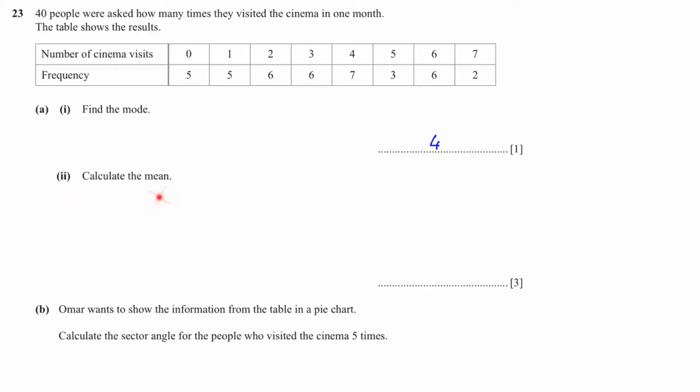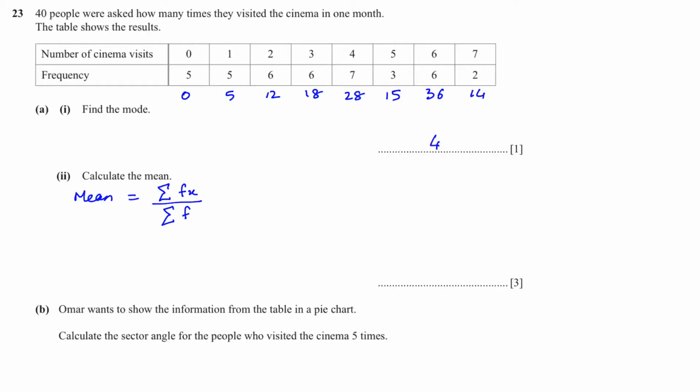Now to calculate the mean, when you have a frequency like this, you will multiply 0 by 5, 1 by 5 and 2 by 6. You will do the same for all the numbers. So 3 multiplied by 6, 4 multiplied by 7. And you will write the rule: mean is equal to the sum of the frequency multiplied by the data over the sum of frequency.